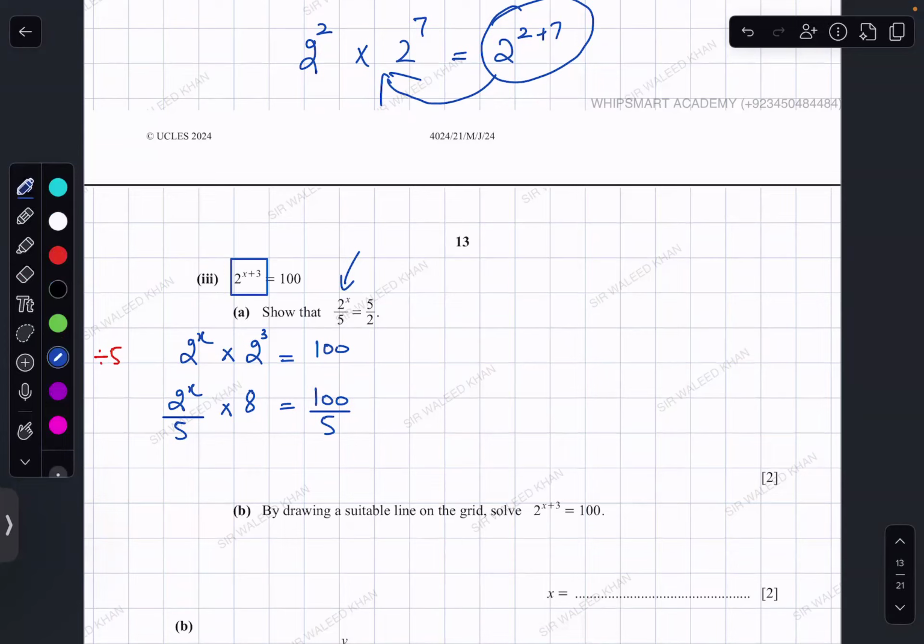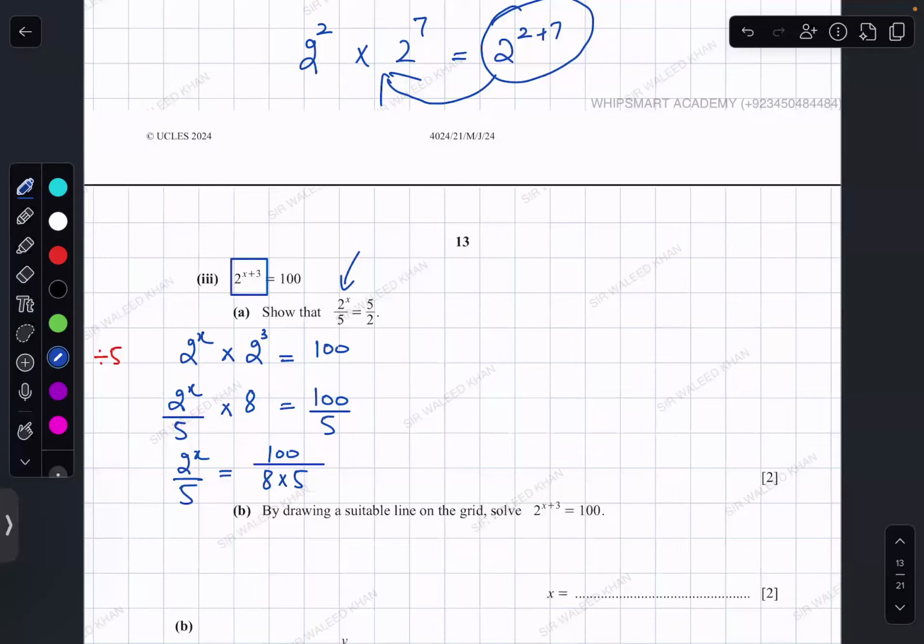Now, we have 2 power x over 5 is equal to 100 over 8 times 5. 8 will be divided over there.